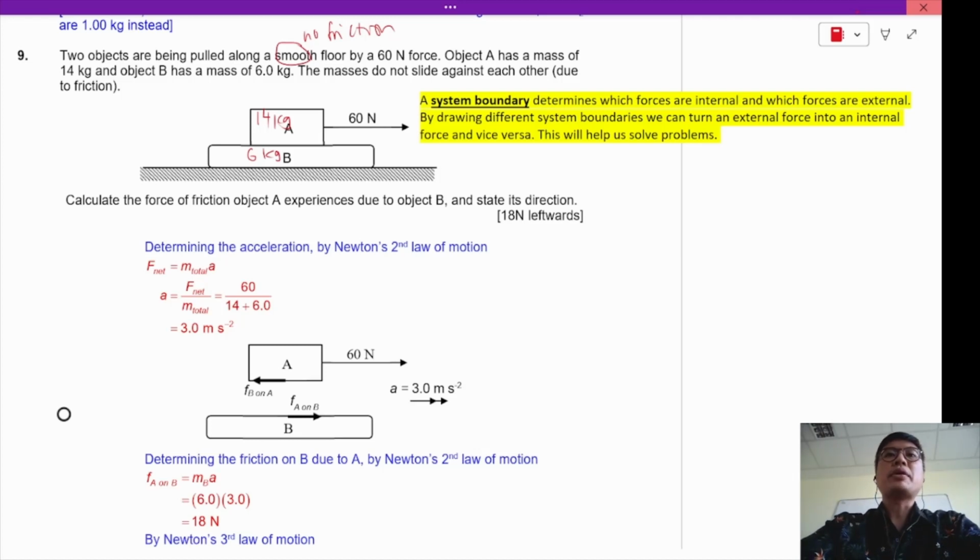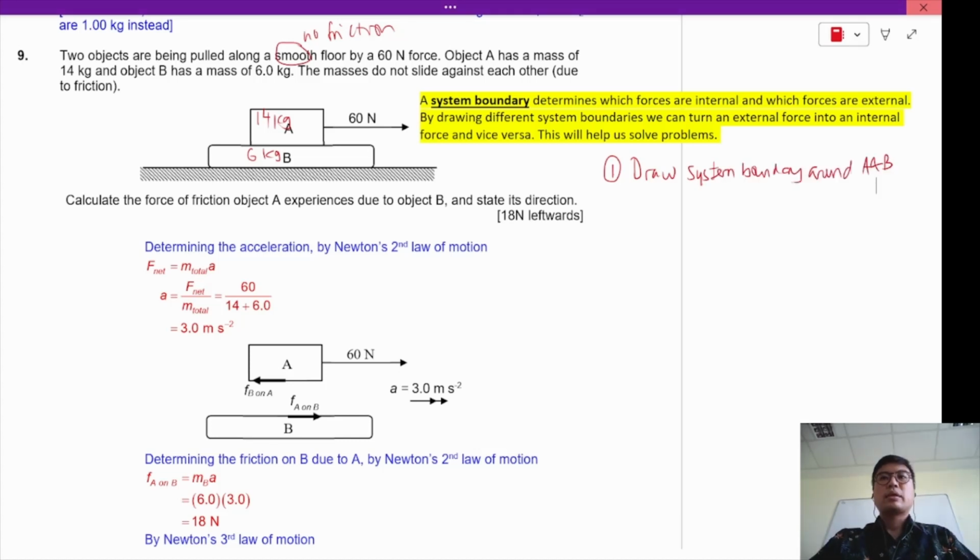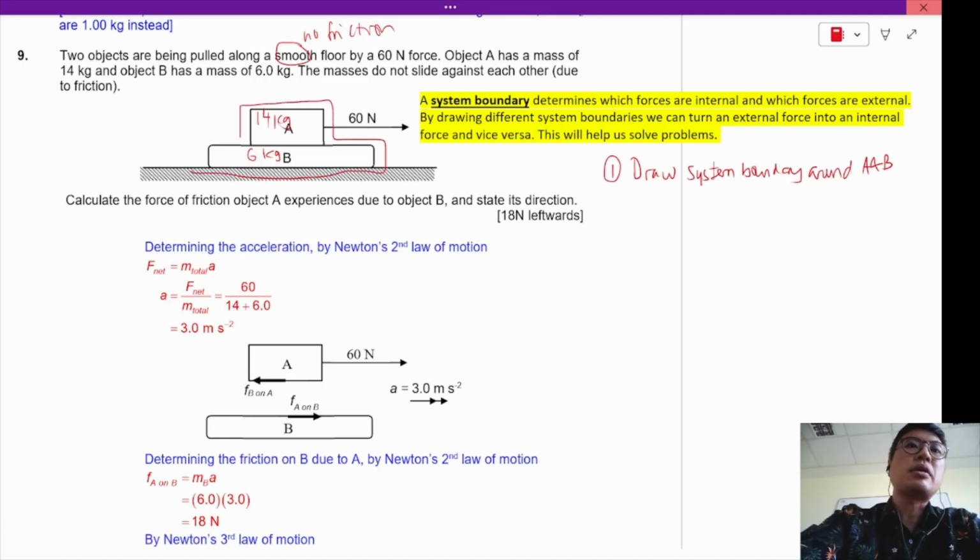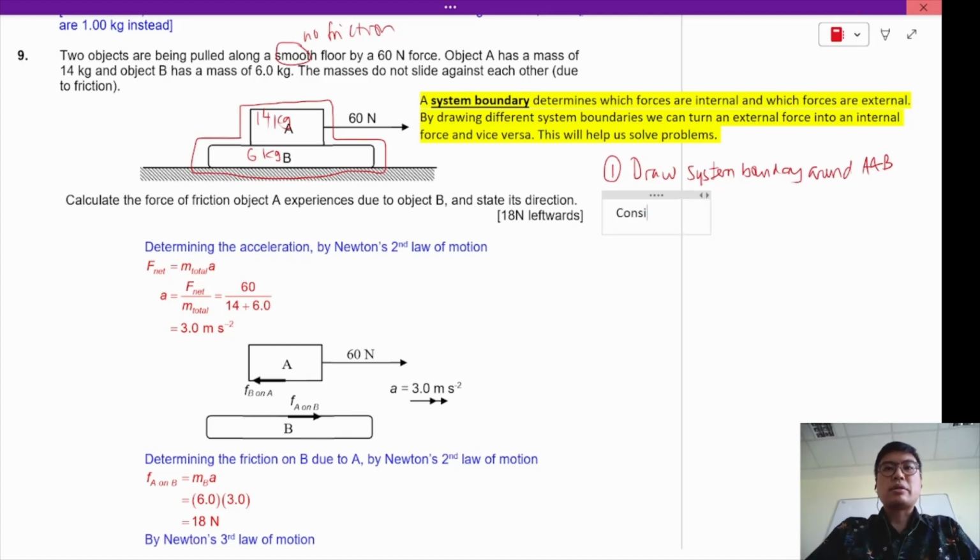The first thing we have to do in this question is to draw a boundary that comprises two objects. When we draw a system boundary around the two objects, A and B become a single object. So we write down the answer, considering A and B as a system.